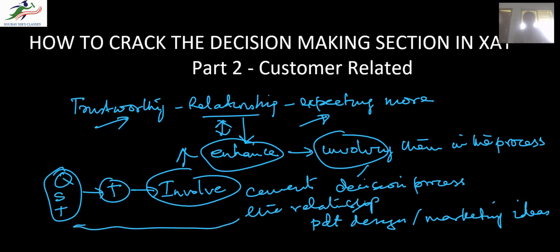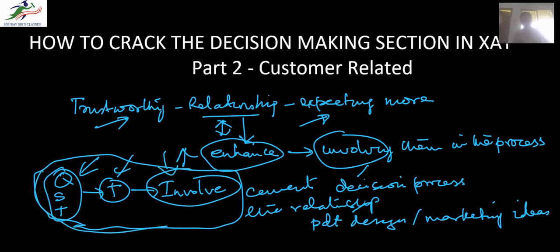So this is the model of customer relationship that every business follows, and every decision with the customer is related or based on these factors: quality, service, transparency, which leads to trust, which leads to involvement.